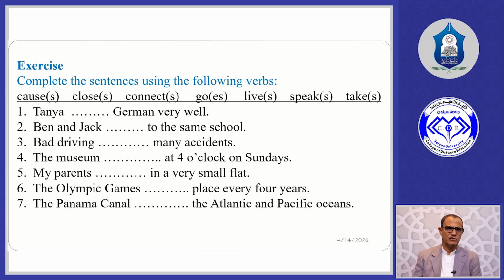This is plural, not singular, so we have to use the verb without s. I say Ben and Jack go, not goes. Ben and Jack go to the same school. So you have to look at the other sentences and make them correct using the correct form of the verbs in brackets.